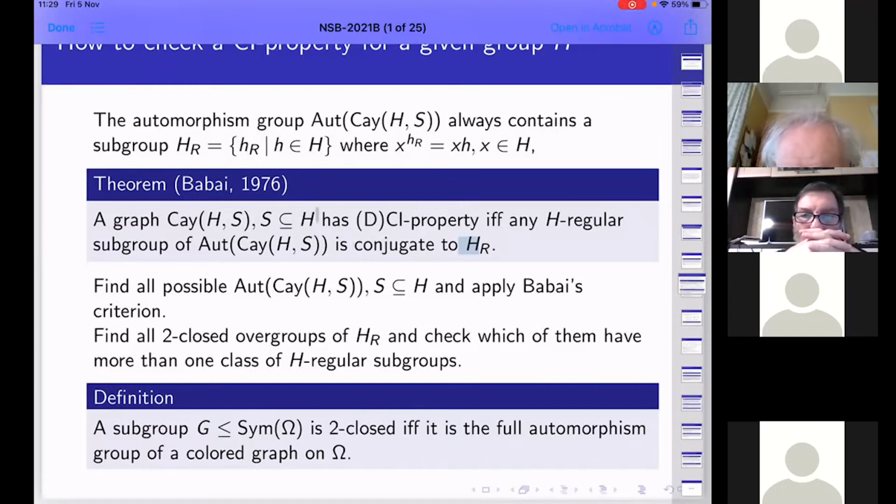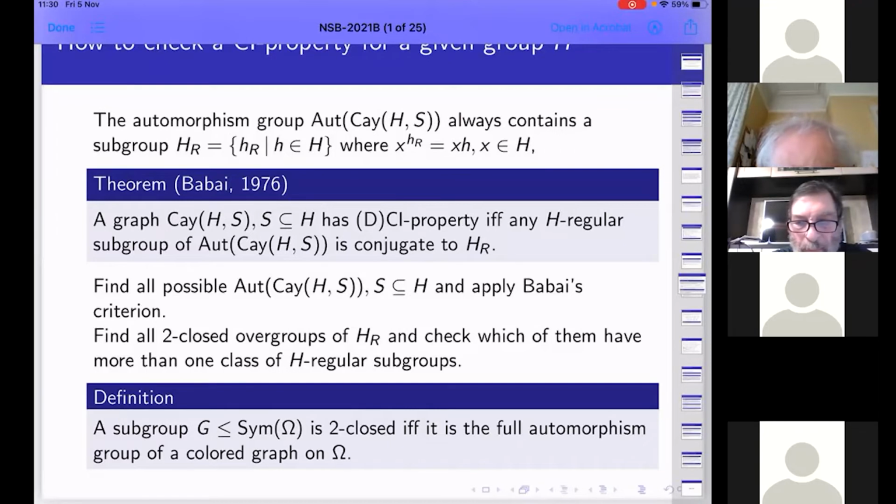Now, not every overgroup of this regular subgroup will be the automorphism group of a certain graph. So we have to take this regular group, and then we have to find all 2-closed overgroups, and look inside each of them whether the regular H subgroups are conjugate or not. Now, well, it's not a good algorithm, right? But that's one of the methods that we know.